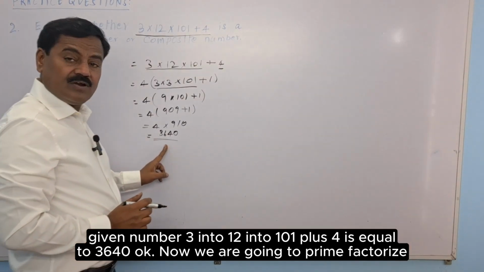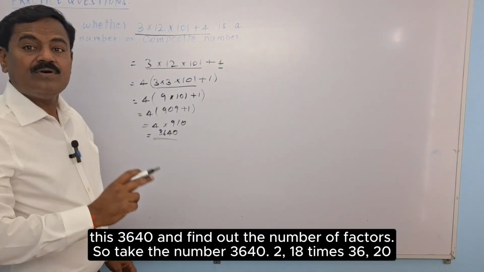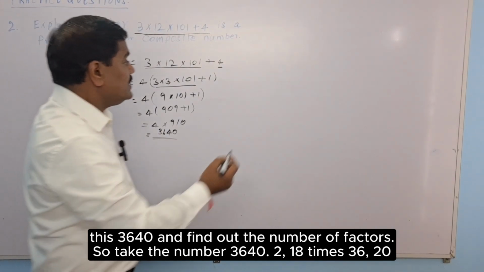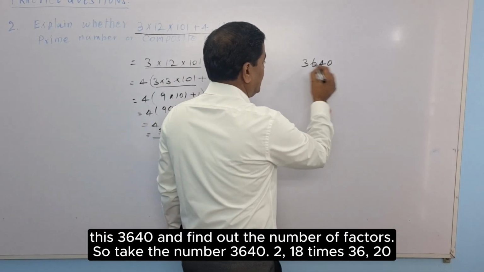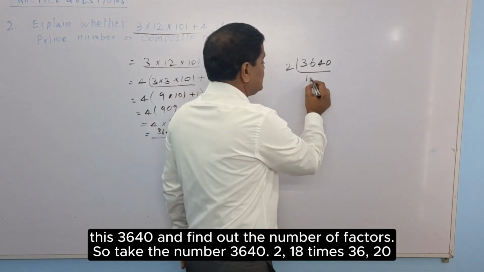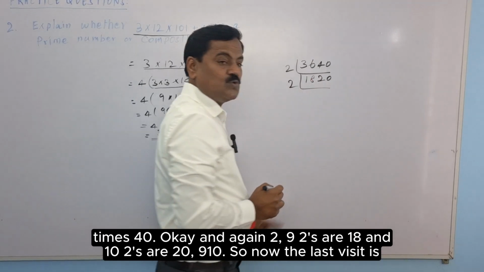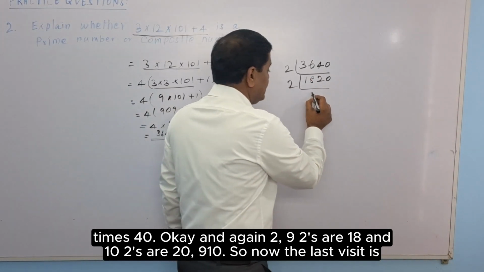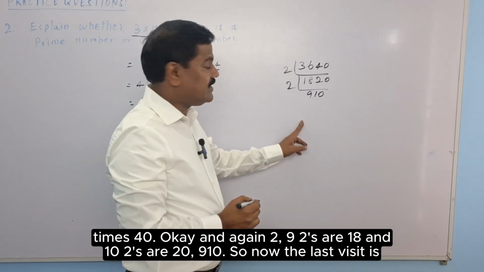Now we are going to prime factorize this 3640 and find out the number of factors. So take the number 3640. 2 times 1820. 2 nines are 18, and 2 tens are 20, 910.